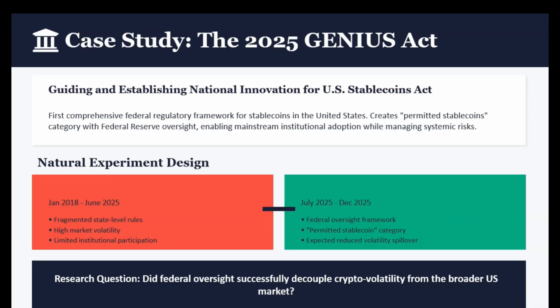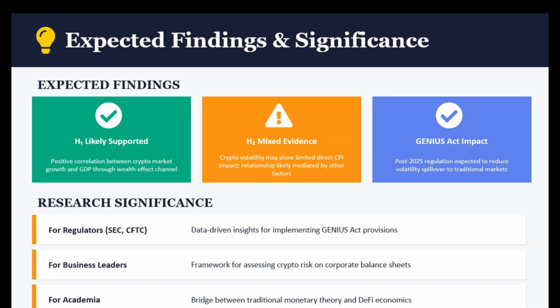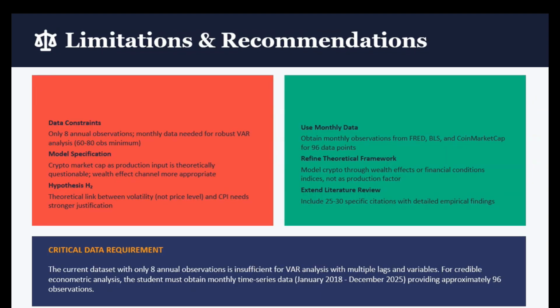Okay, so I can dig within this one. These are what we expect. Limitation: my colleague who is working on this topic, you therefore need to use a monthly basis, not a year.